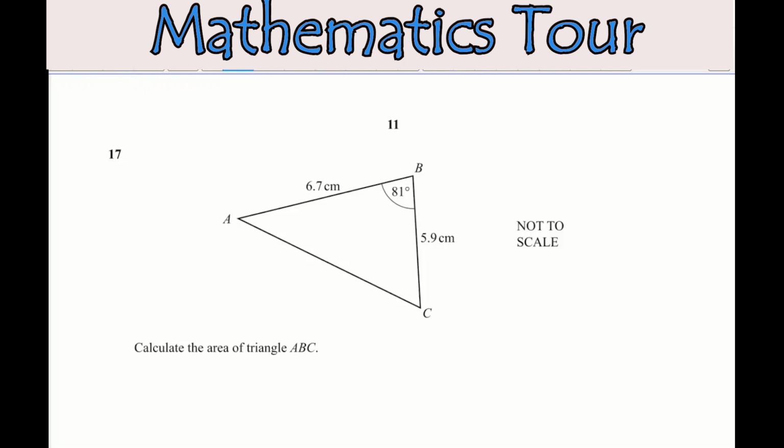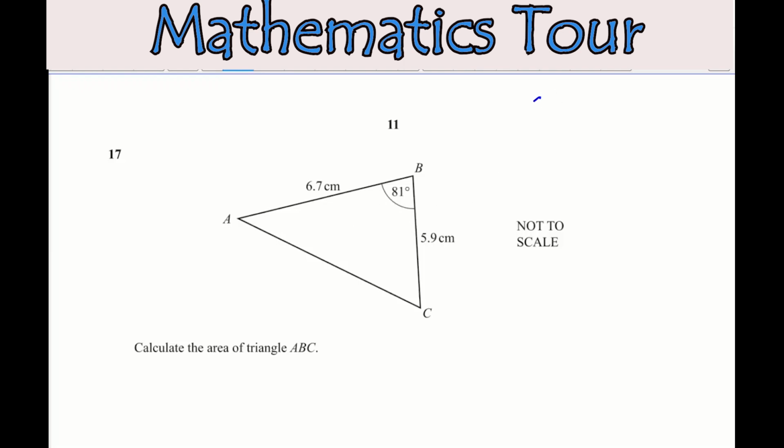Question 17. Calculate the area of triangle ABC. We have 2 sides and an angle between them, so this is pretty easy. You don't need to write down the formula once you know how it operates.